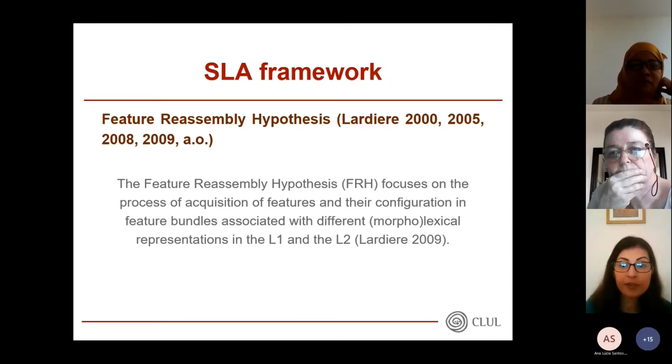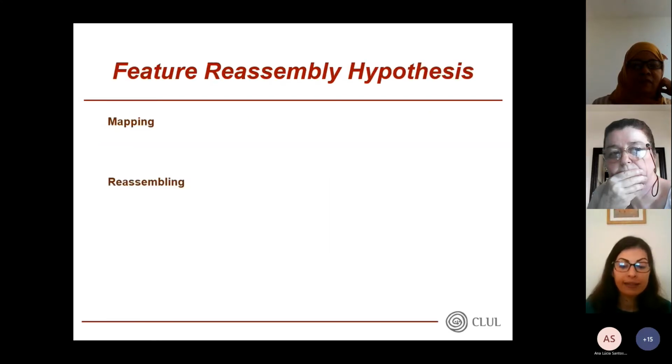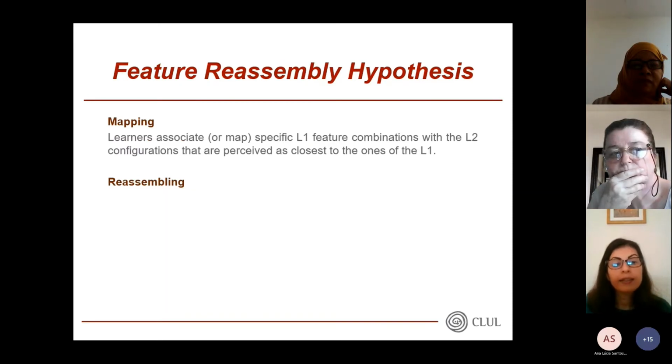According to this hypothesis, the acquisition process will develop in two main tasks. The first one is mapping, and in this stage, learners associate specific L1 feature combinations with the L2 configurations that are perceived as closest to the ones of their L1.